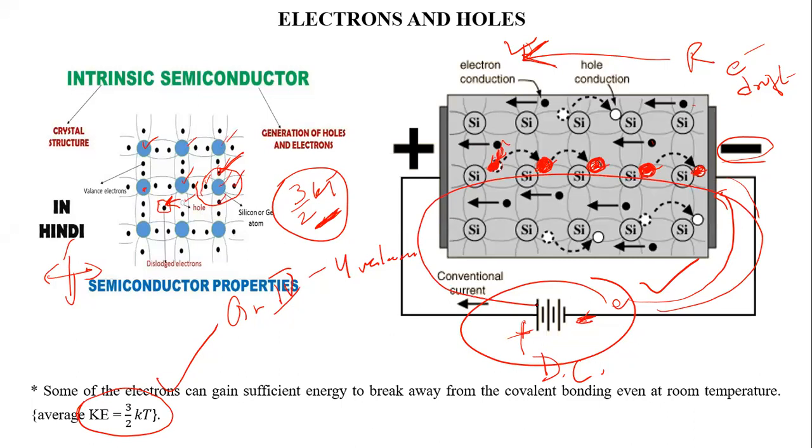So what I'm trying to convince you of here is that even though a vacancy or a hole is not in itself a charged particle or a free charged particle at all, once you create a vacancy in the chemical bonding, it will result in a net transfer of charge. How is that? Here you see that there is a vacancy.